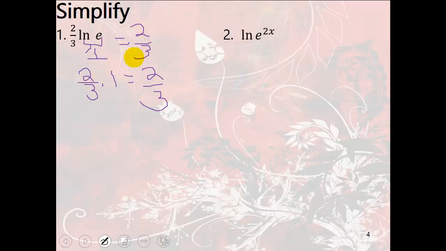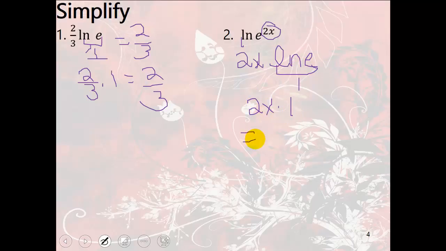The natural log base e of the input e to the 2x. Well, this is just 2x because I moved that forward. This becomes 1, so I get 2x times 1, so that equals 2x. Okay? A little weird at first because we're used to seeing log, and we're used to seeing a base other than the common log of base 10.